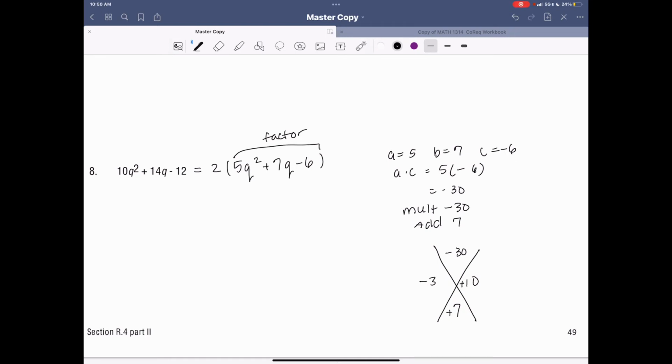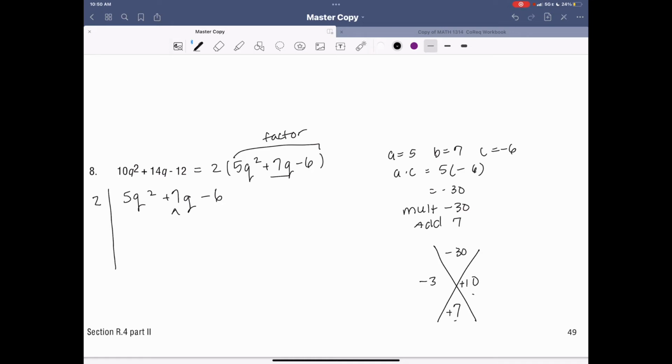So remember, the 7 and the 10 are always going to have the same sign. So I'm going to expand the 7q. We're just going to keep the 2 out on the side and we'll put it in the answer at the end. So I have 5q squared plus 7q minus 6.